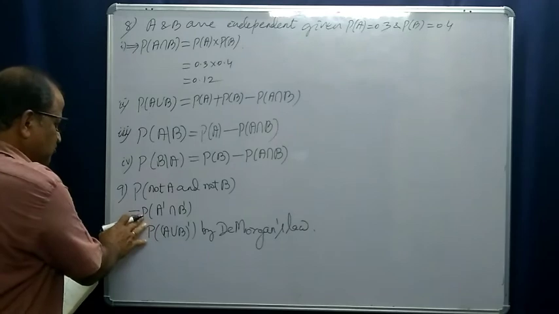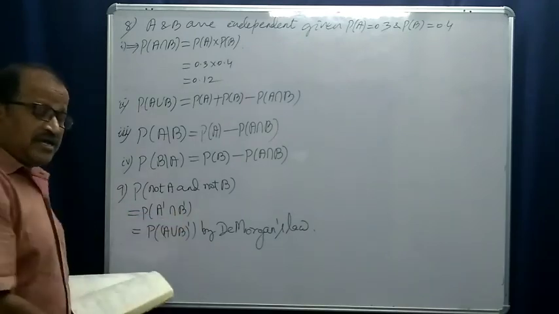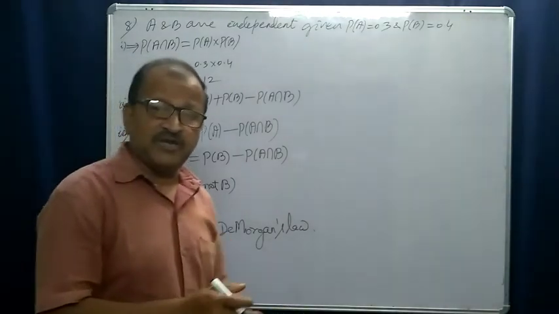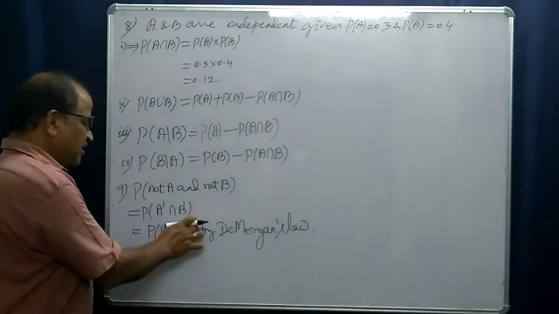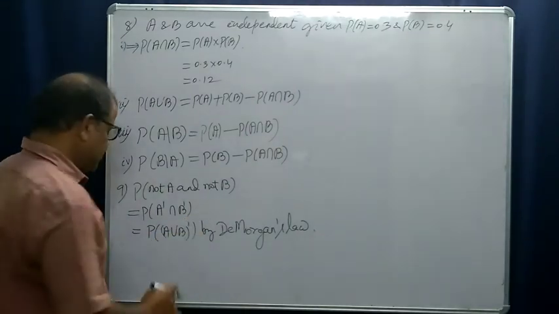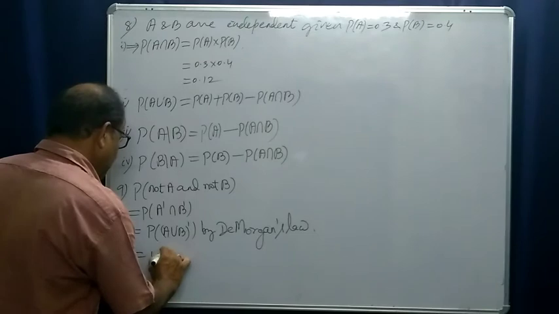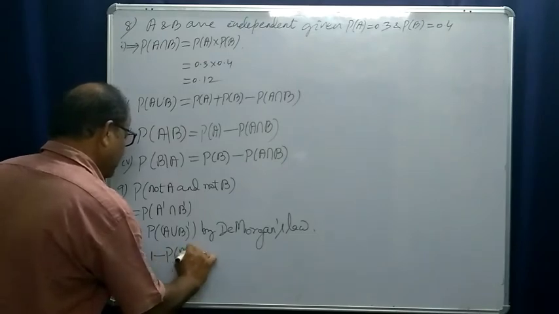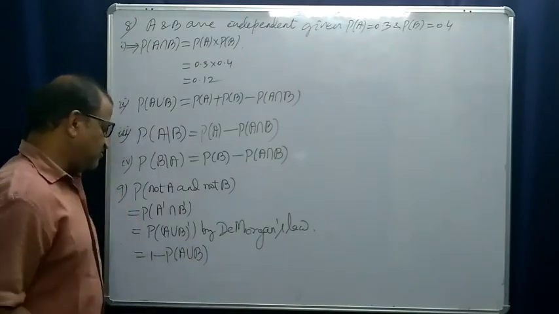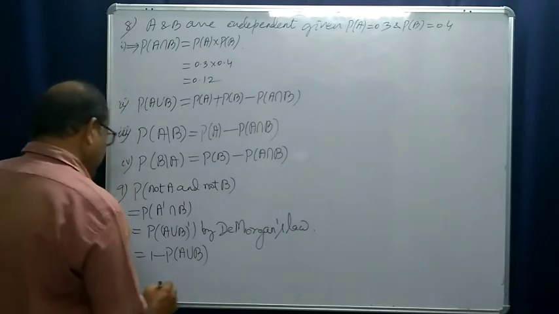There is no relation with probability here. A complement intersection B complement is equal to A union B whole complement, and that is equal to 1 minus the probability of A union B. So what is the probability of A union B?